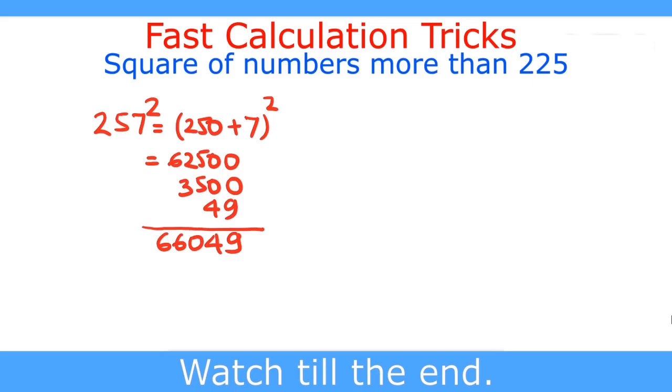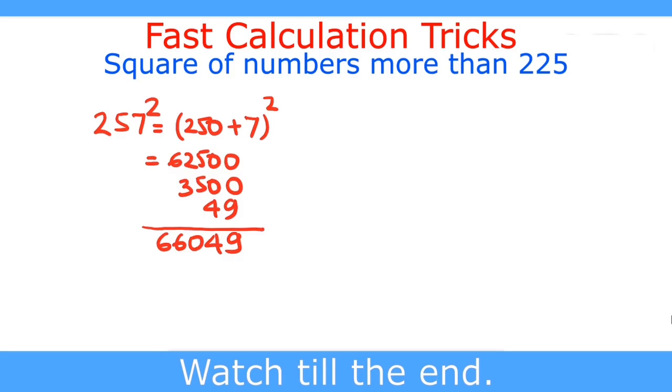For the numbers 126 to 175, we had taken the base as 150 and written the number in terms of 150 plus or minus and found the square of the given number. For the numbers 176 to 225, we had taken the base 200 and written the number in terms of 200 plus or minus the difference of the given number and 200.